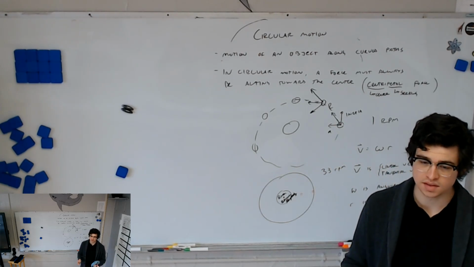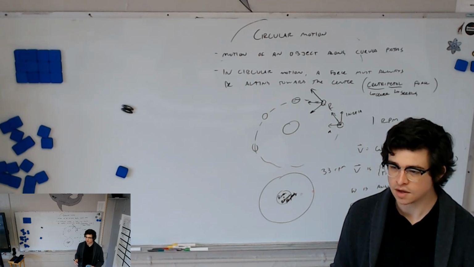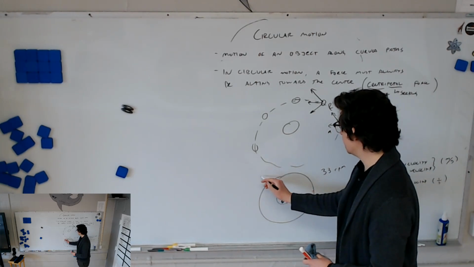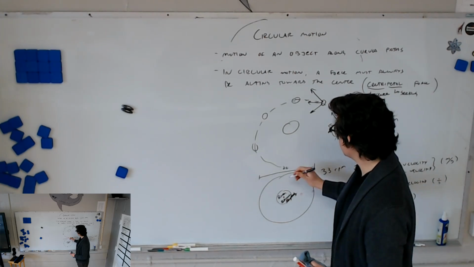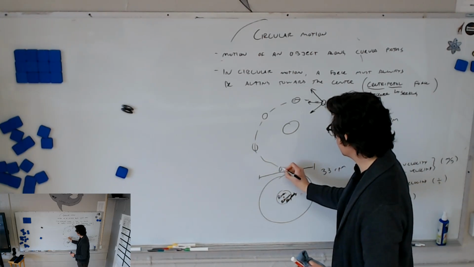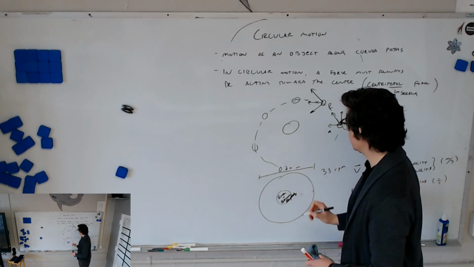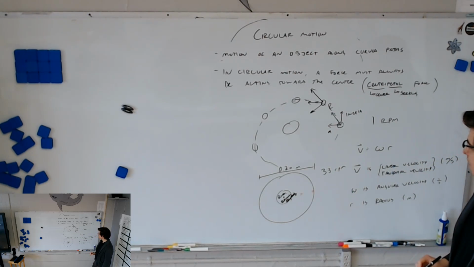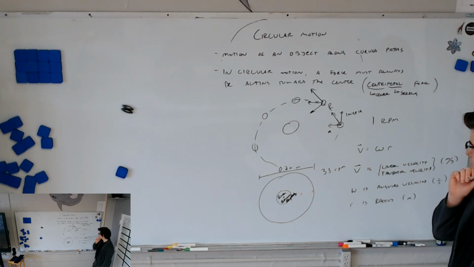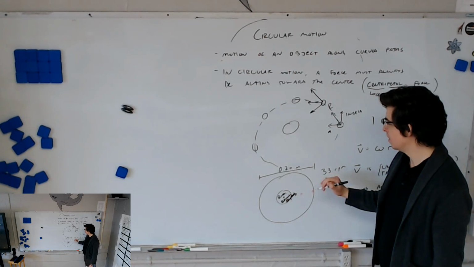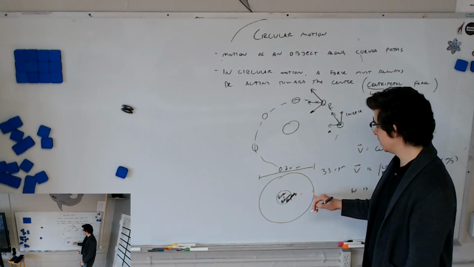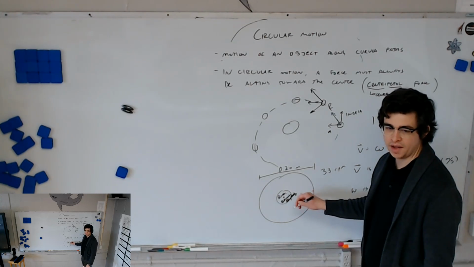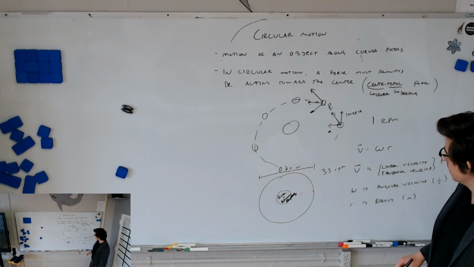That's about 20 centimeters. So we're going to say the diameter is 20 centimeters, 0.20 meters. So we have 33 RPM, 0.20 meters. We're going to pretend this little ladybug is on the very edge. What is this ladybug's linear velocity?